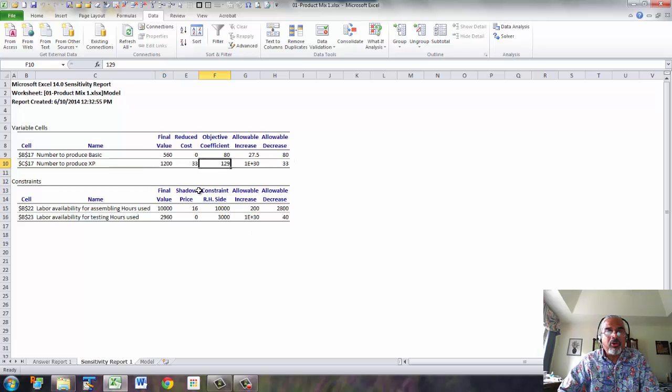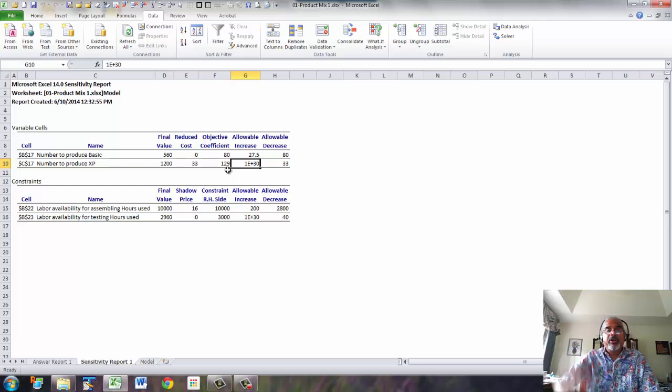Now for the second coefficient, the allowable increase is 1 times e to the power, so this is to be read as 1e30. In other words, it is a really large number, or we could say infinity. So allowable increase is not limited, it is infinite. So from $129, the profit margin can go up and up without limit.